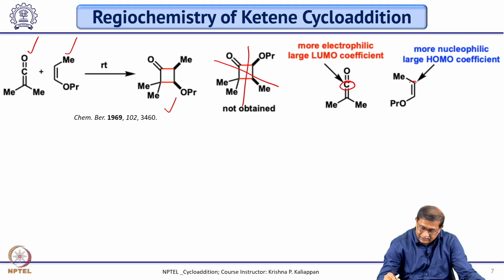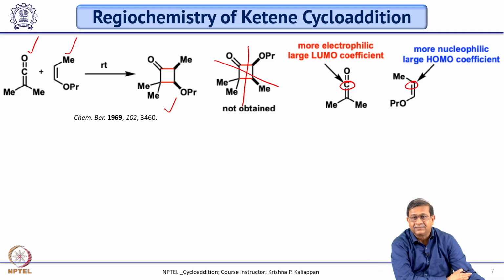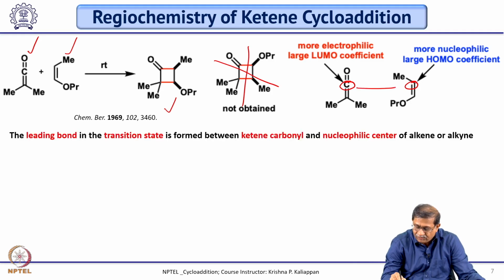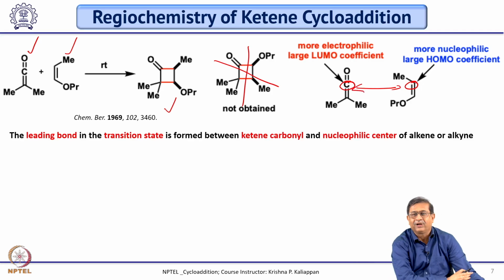Likewise, if you look at this enol ether, that particular carbon is more nucleophilic because it has a large HOMO coefficient. Because of this, you get exclusively one regioisomer, and the bond will first form between these two carbons.